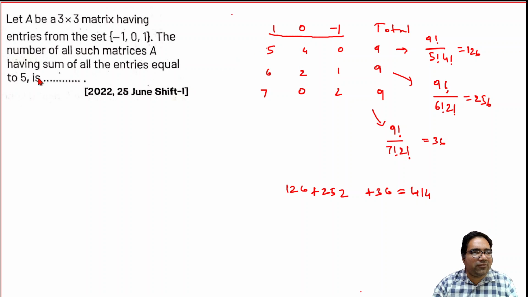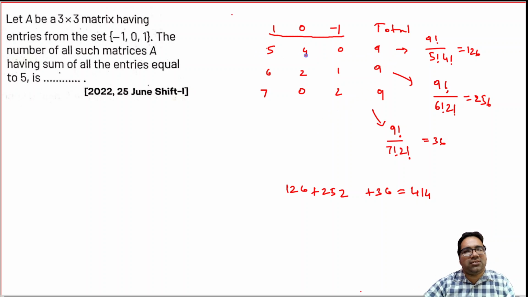If we take 5 of them as ones, then the remaining 4 have to be zeros, and the total will become 5. Total entries is always 9. So if we take 5 of them as ones, then 4 of them have to be zeros, and there should not be any minus 1 entry.